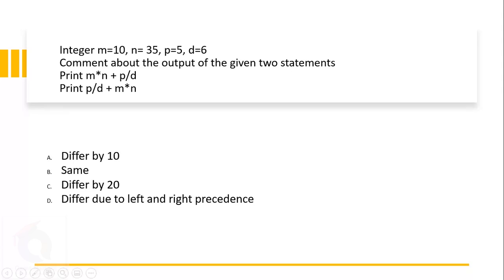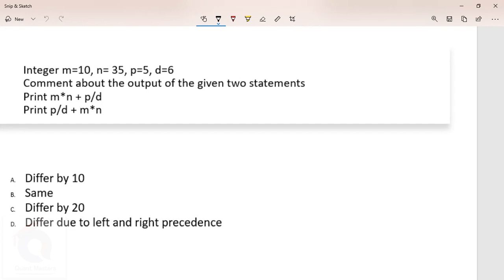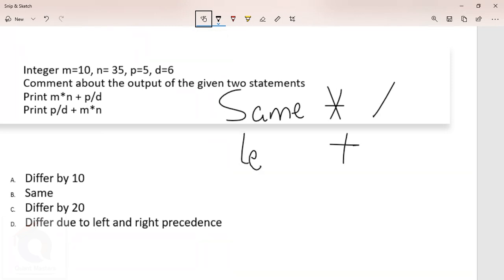So let's try figuring this out. If we observe these 2 statements, both have multiplication, division, and plus. When you talk about precedence of operators in C, we know that multiplication and division have the same precedence, and only addition has lesser precedence.